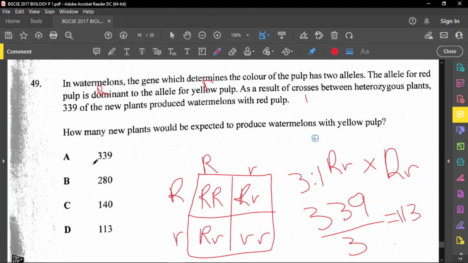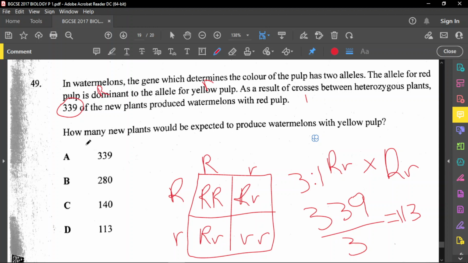An easy way to get the answer is a 3-to-1 ratio. If you have 339, what is one part of that? Could it be 140? No, 140 is almost like half. It's not fully half, but 150 is going to be half of 300. So that's a little bit close to half.